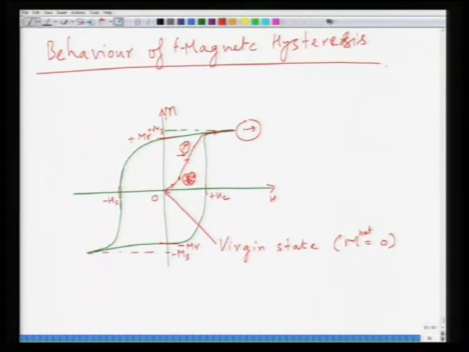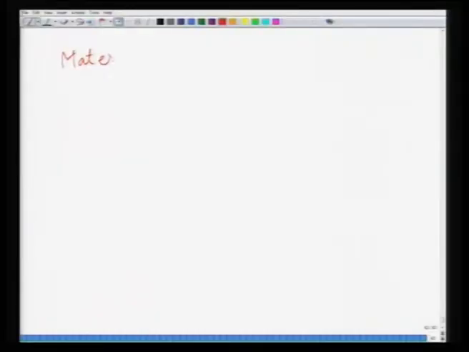A large coercive field would mean that domains are not easy to switch, which means you cannot reorient the domains without applying a large field, and that is why materials with large Hc are called hard magnets.